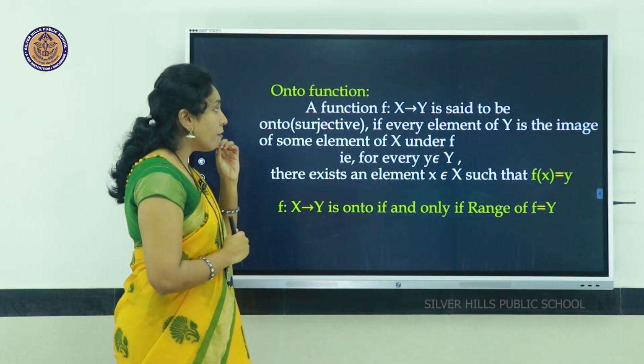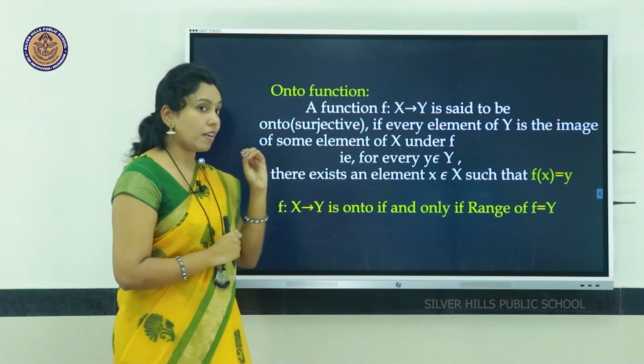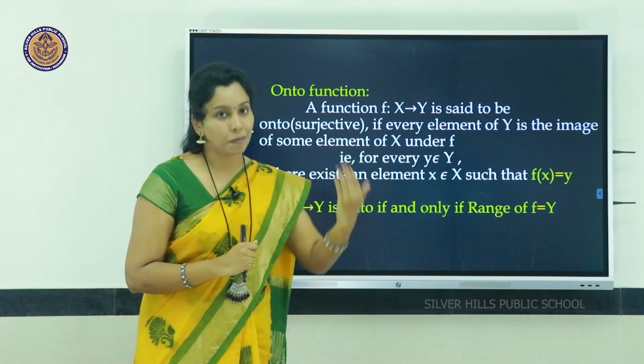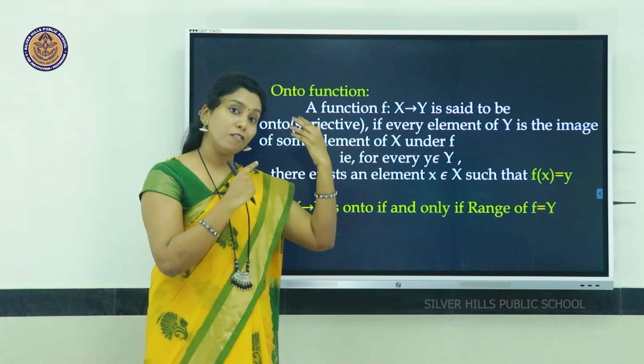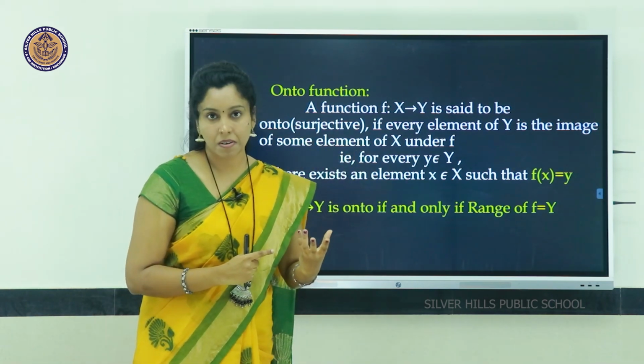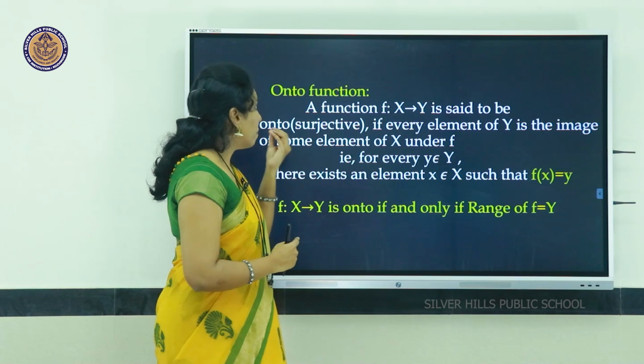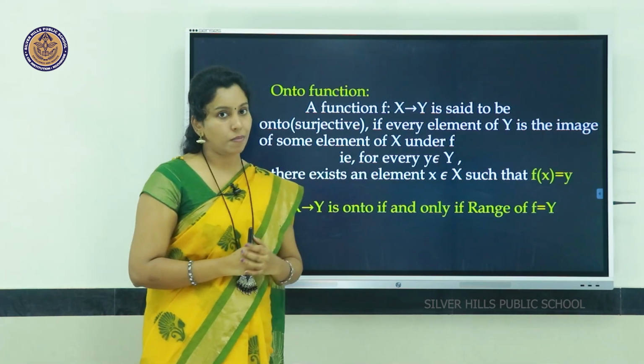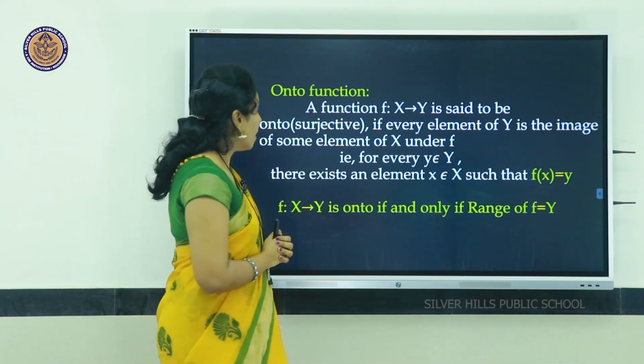If every element of y, here the second set is more important. In 1-1 we check all the members of the first set, whether they are going to different members, we conclude it is 1-1. But when we discuss onto function, the second set is more important. What is written here?